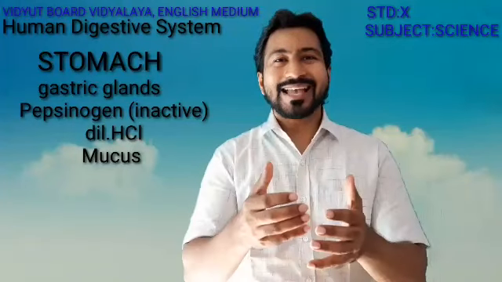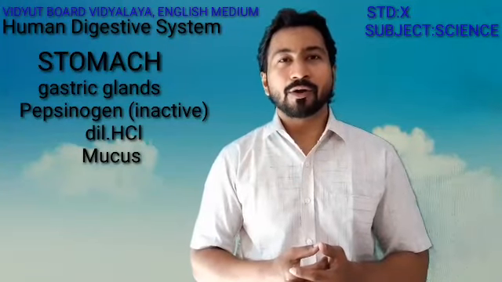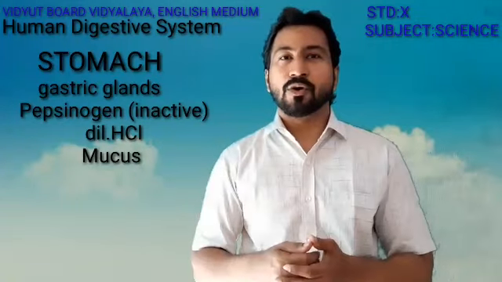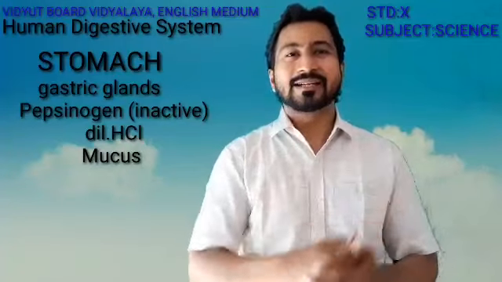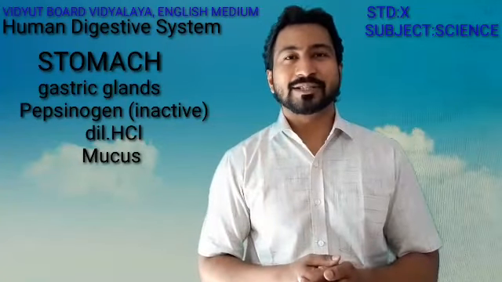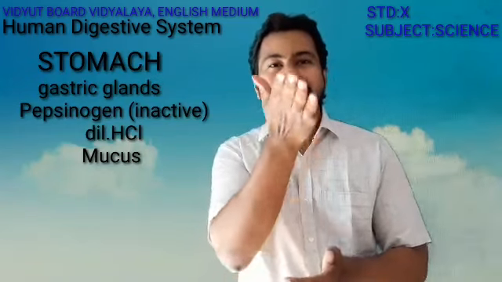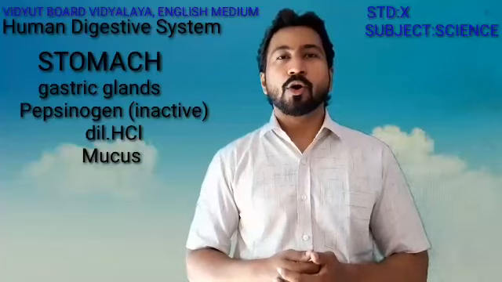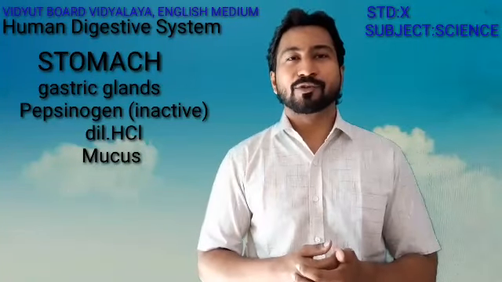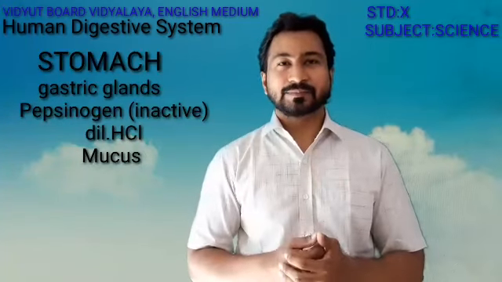Further, this acidic medium is mainly created inside the stomach for the activities of a lot of other enzymes of the pancreas and the liver also. And the third major secretion, that is the mucus. Mucus mainly covers the inner wall of the stomach in order to protect the stomach from the harmful effects of HCl.